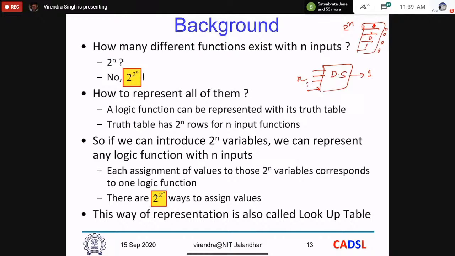Now the number of possibilities: every row can have the value 0 or 1, and therefore I can have a total of 2 raised to the power of the number of rows.